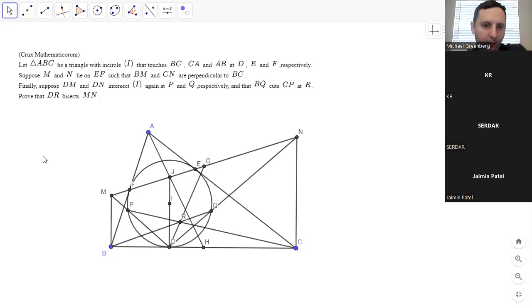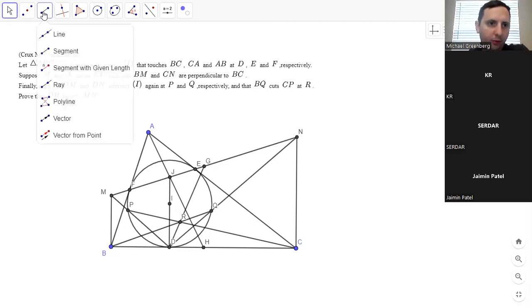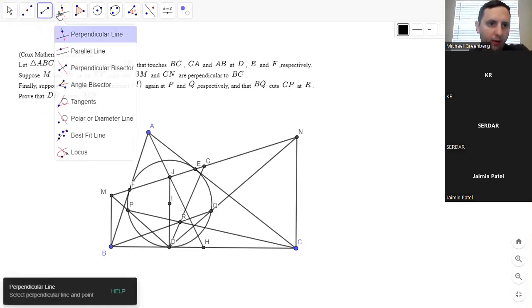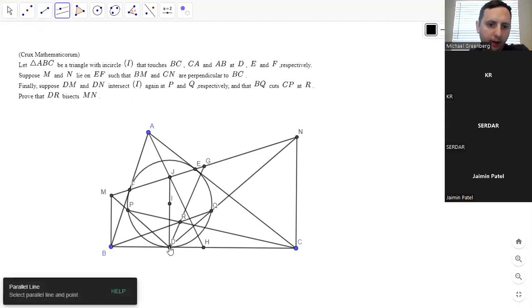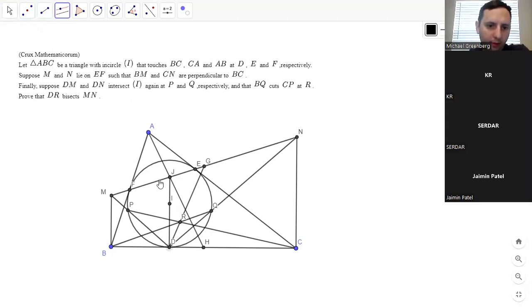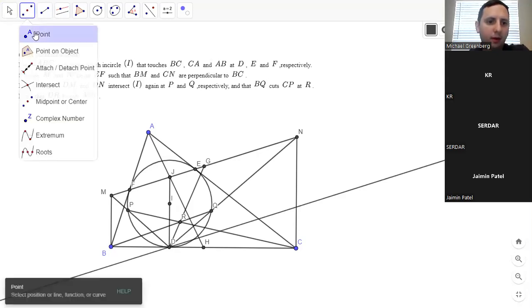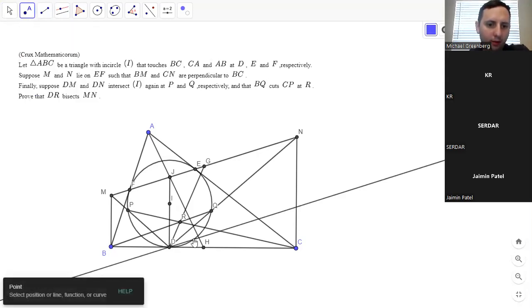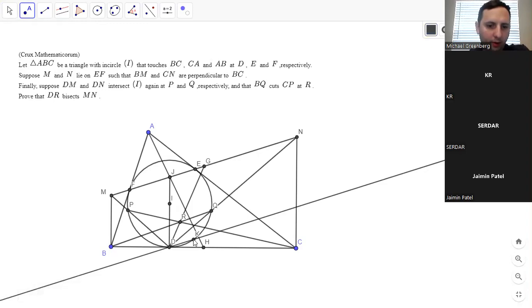I wonder, what if I drew the parallel through D to EF? I was thinking exactly the same thing. If it meets the circle at K, then we want to show PQK.